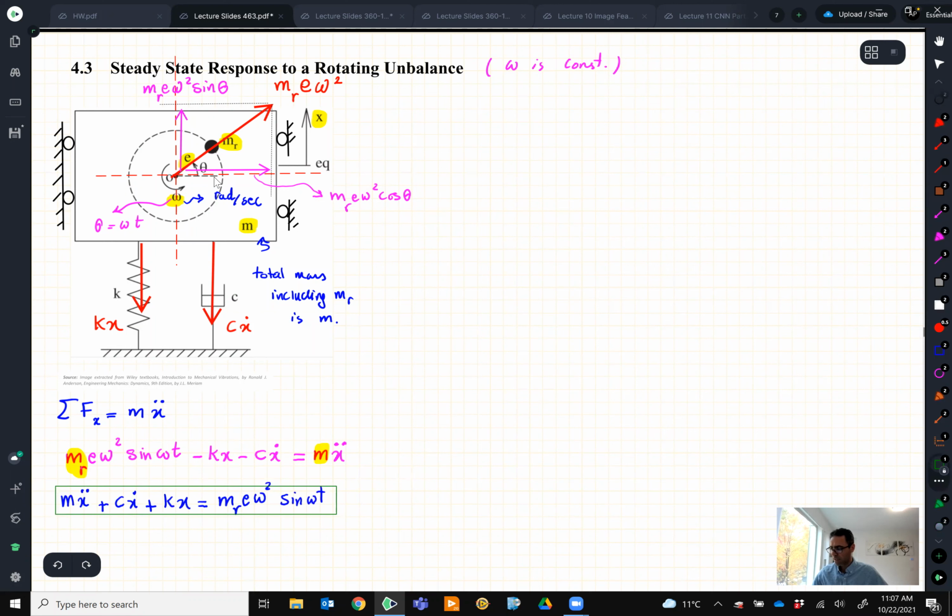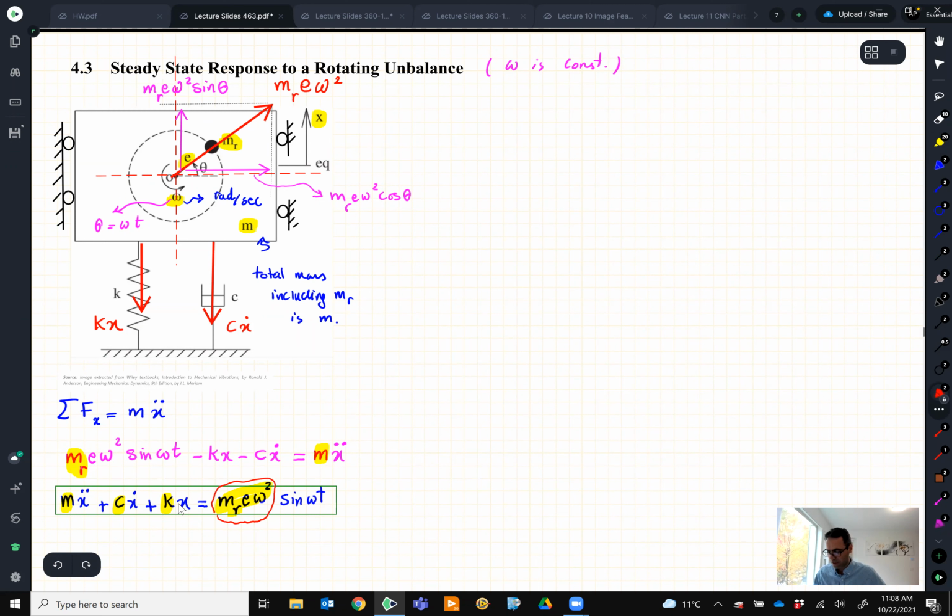In this equation, the value of mass is m, the value of c is c, the value of k is k. You may solve another problem where these values change, but it doesn't matter. As long as you have something as a coefficient of x, you consider it as your stiffness. The only thing that is different is now our F0.